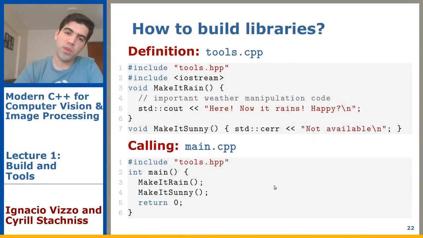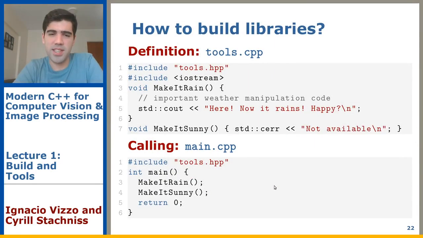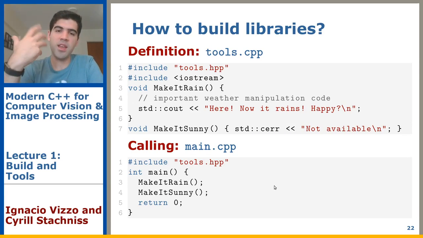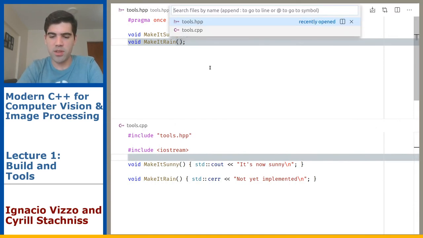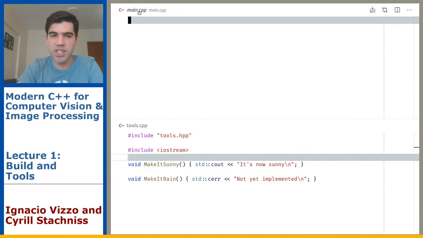So if you go to the slide, this is basically the example. The implementations are here, and then whenever you want to use these functions, then you will need to include just the header file.